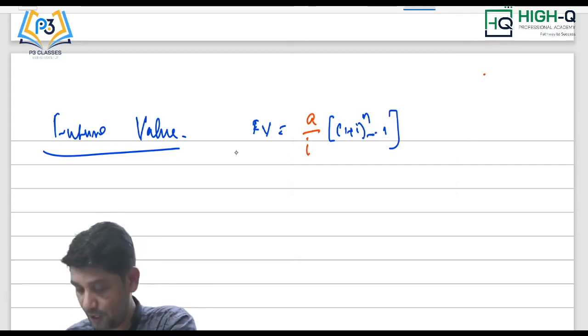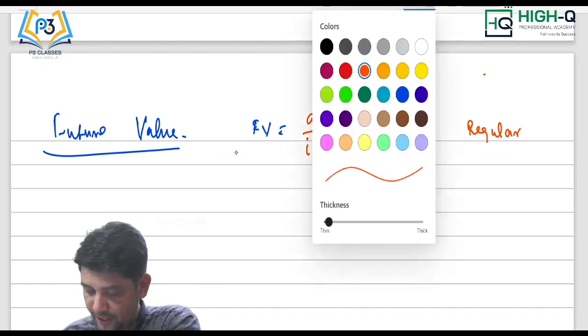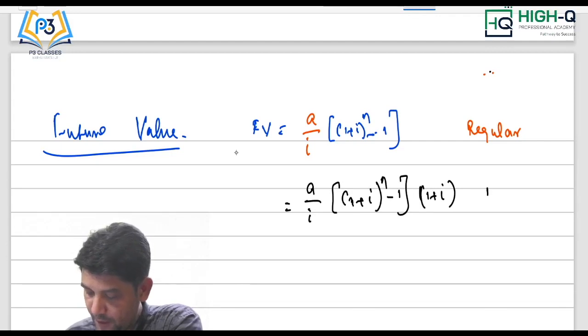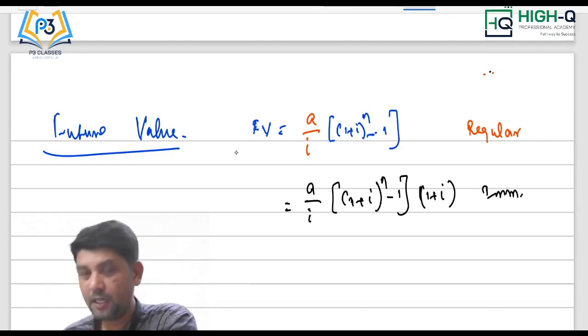This is the future value for a regular annuity. In case of an immediate annuity, it is A by I, (1 plus I) the whole power n minus 1, into (1 plus I).